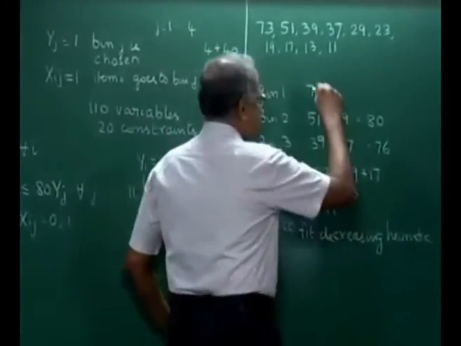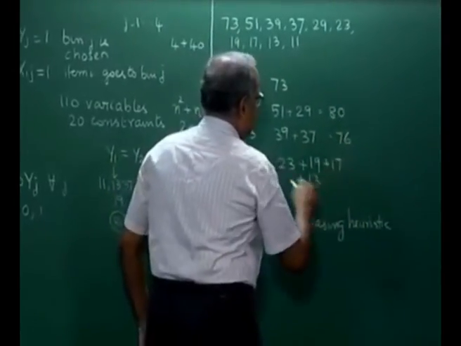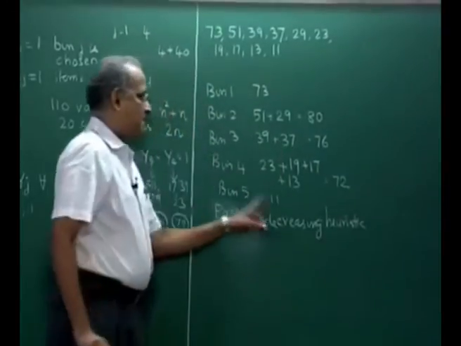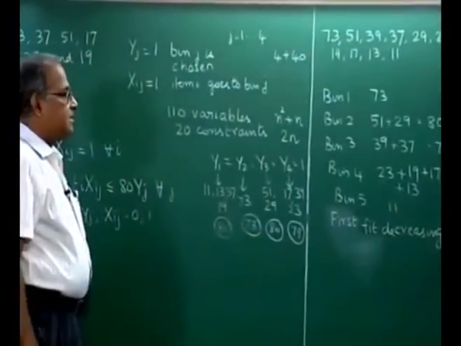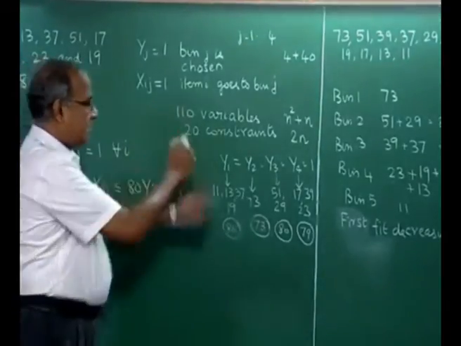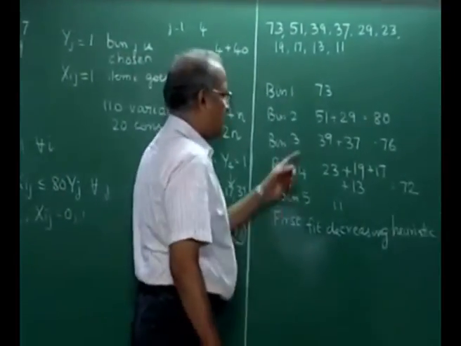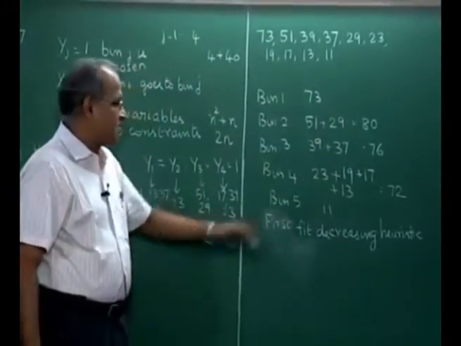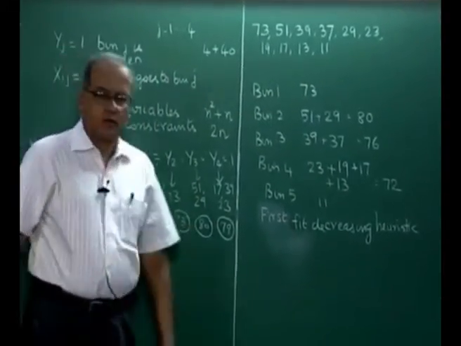If we look at the loads, it is 73, 80, 76, 72 and 11. Now we can do a few more things by adjusting some of them. By a little adjustment, one can try and actually reduce the number of bins from 5 to 4.